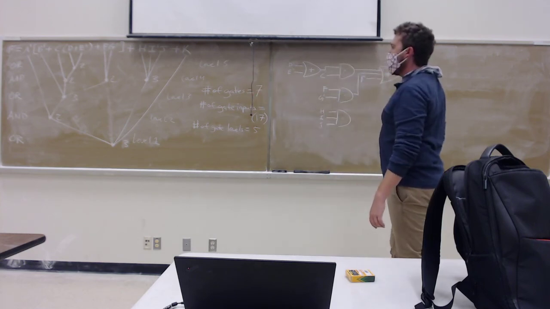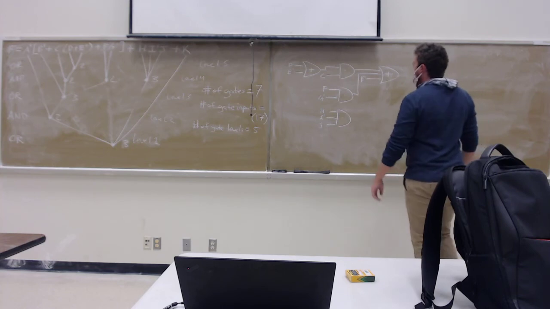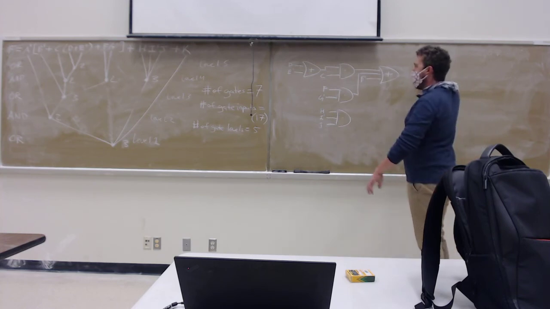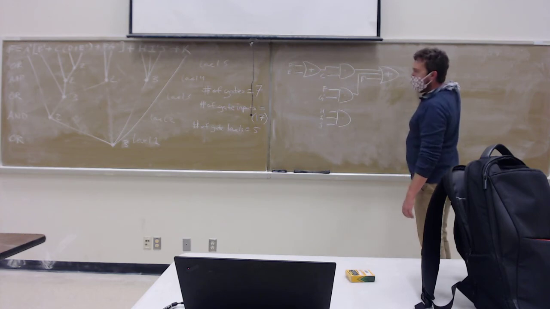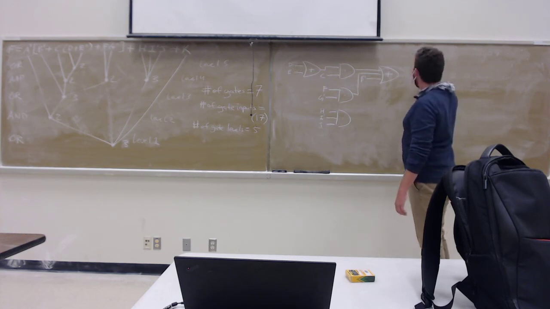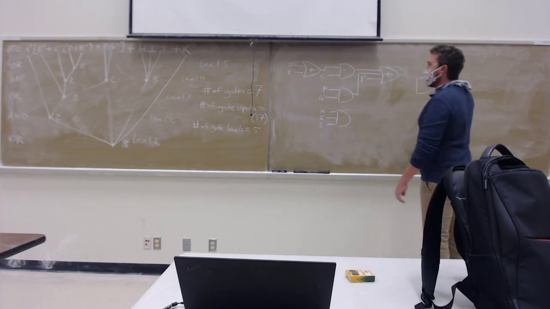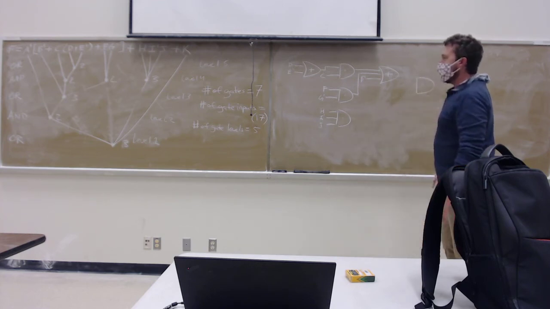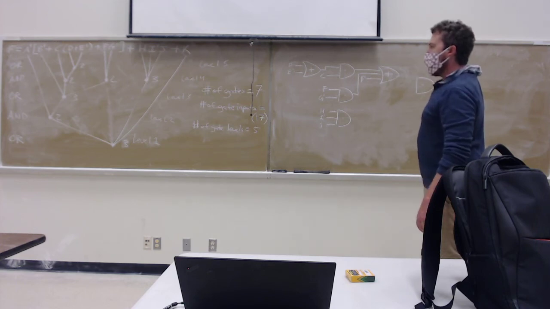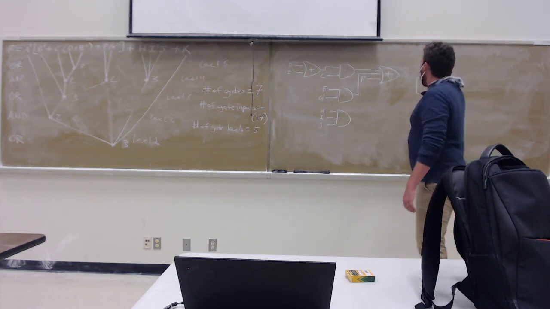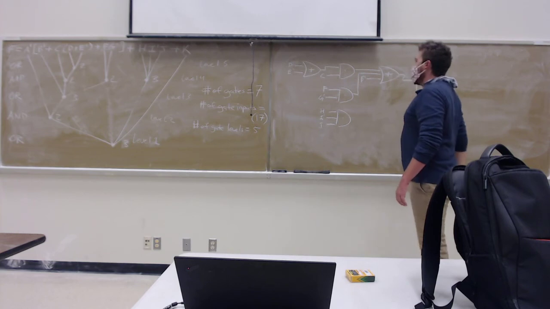Next up, we had another level of AND gates. Maybe we should have moved HIJ down here just to give this AND gate a friend, right? That had the output of our OR gates. Notice that there's a chain, right?